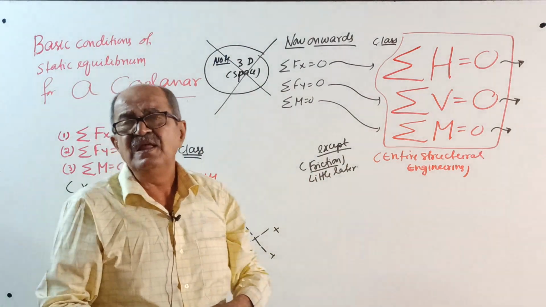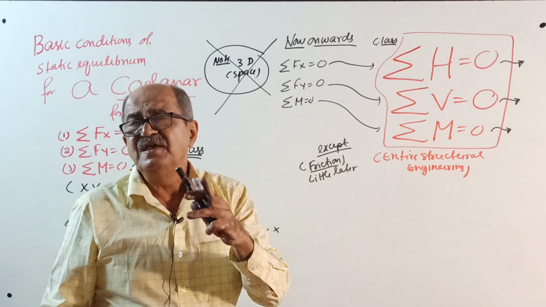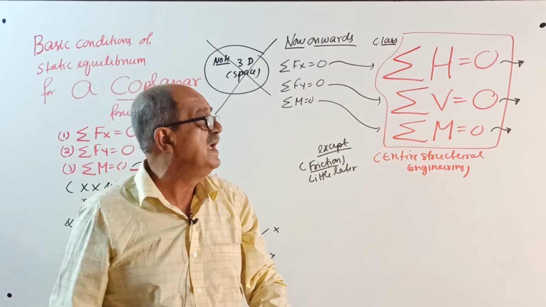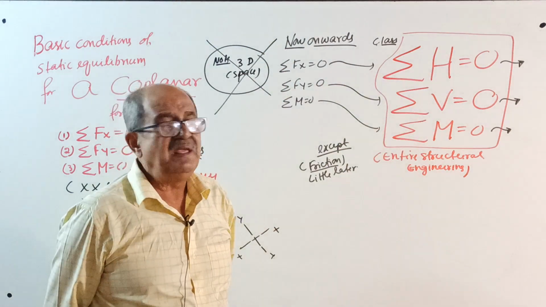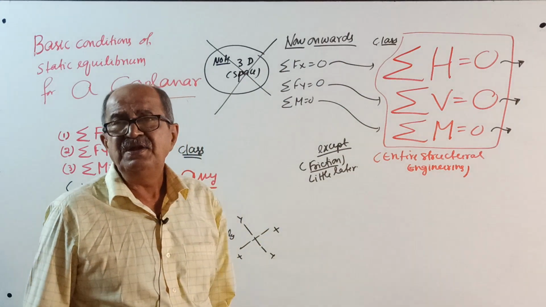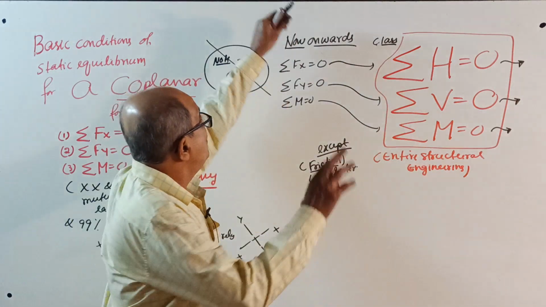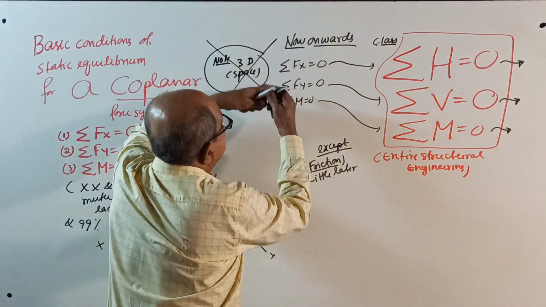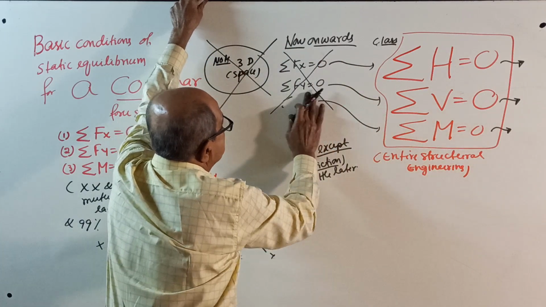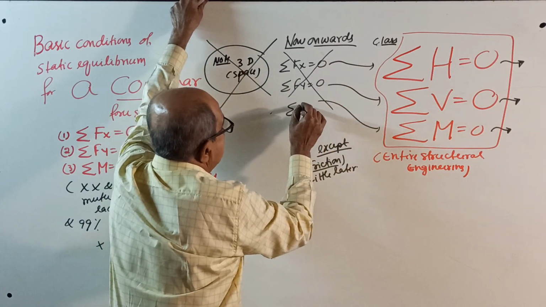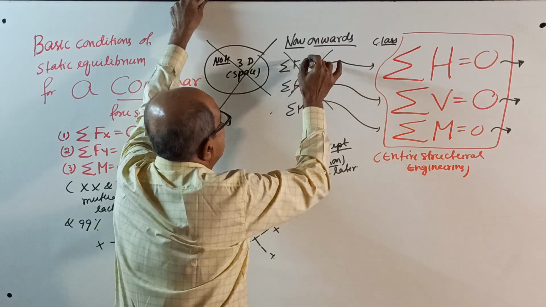Only for friction, you go back to Fx, Fy: sigma Fx, sigma Fy, sigma M. But for entire structural engineering, later for SFD, BMD, we don't consider sigma Fx = 0, sigma Fy = 0. Actually, you consider sigma M = 0.